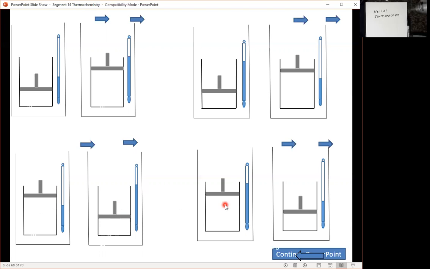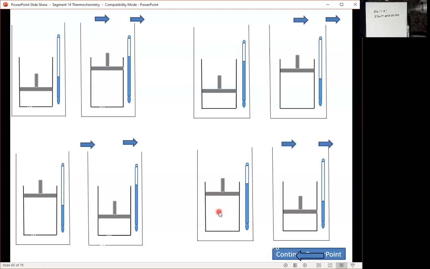If I look at this one, then I can see that the temperature is higher in the initial state than it is in the final state. So the only way that can happen is heat has to come out of the surroundings and go into the system. Anything going in is positive, so Q is greater than 0, it's positive.